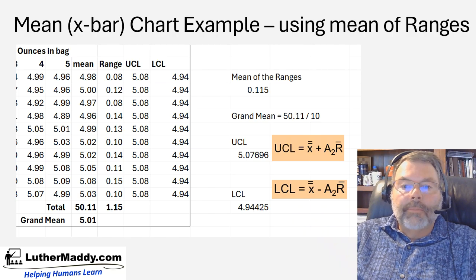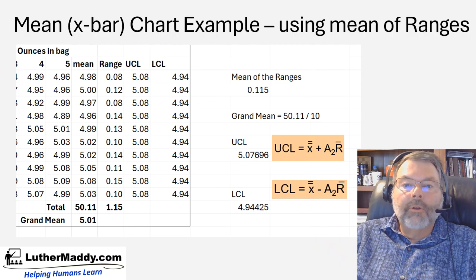Then I looked up that A sub 2 factor, and I can compute an upper and lower control limit. In this case, with the mean of the ranges, my upper control limit is 5.076, and the lower control limit is 4.944. I don't expect that you remembered what they were when we used the standard deviation, but at least with this example, they're pretty darn close.